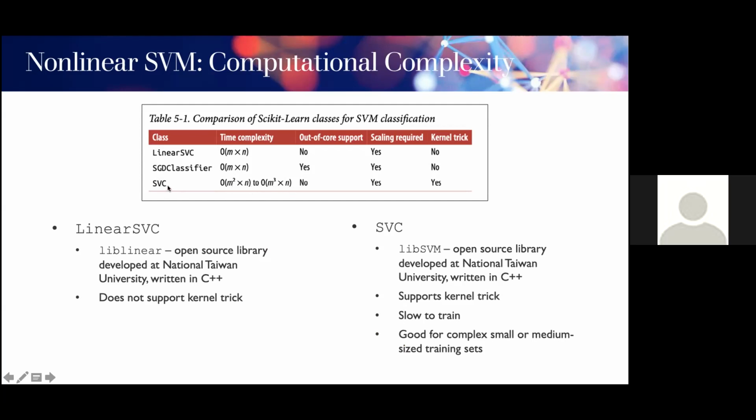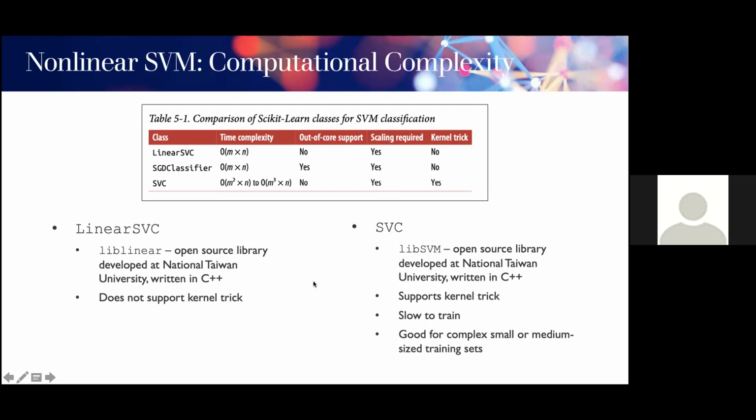That's because it's computing the kernel matrix, which we will see in the very last section. All of them require scaling. Only SVC uses the kernel trick. SGD classifier and linear SVC do not use kernel tricks.